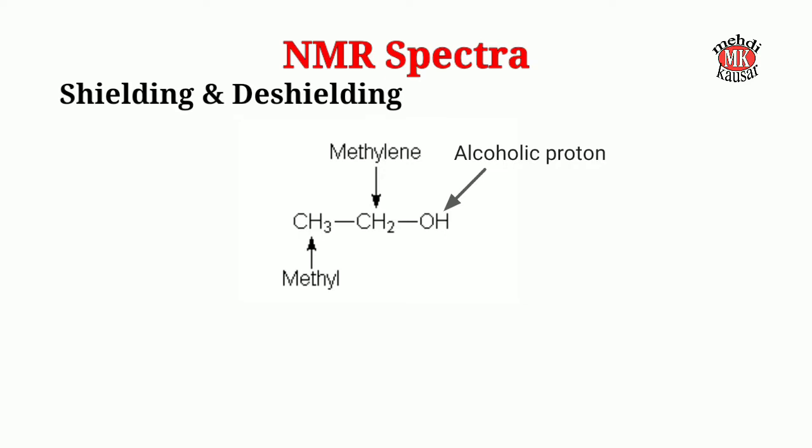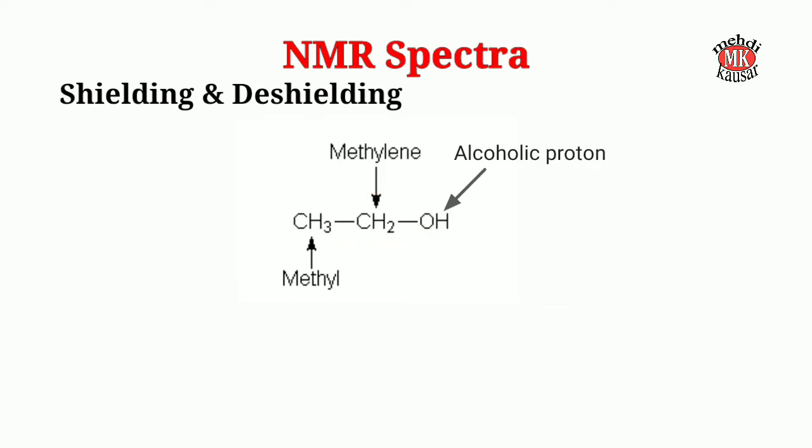Here the OH proton is attached to the electronegative oxygen atom, therefore it is expected to be least shielded, and hence it has a lower value of sigma. The methylene protons are closer to the OH group than the CH3 group, so they have a lower shielding effect than the methyl protons.